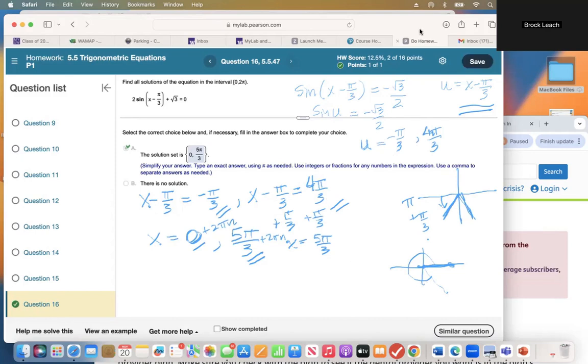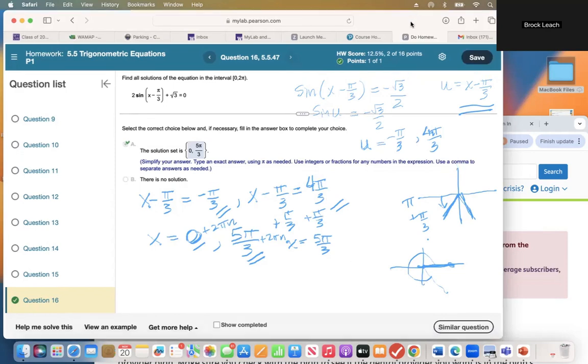Tangent's a little bit different because tangent is plus pi rather than plus 2 pi. Tan and cotangent are positive here and here, negative here and here.